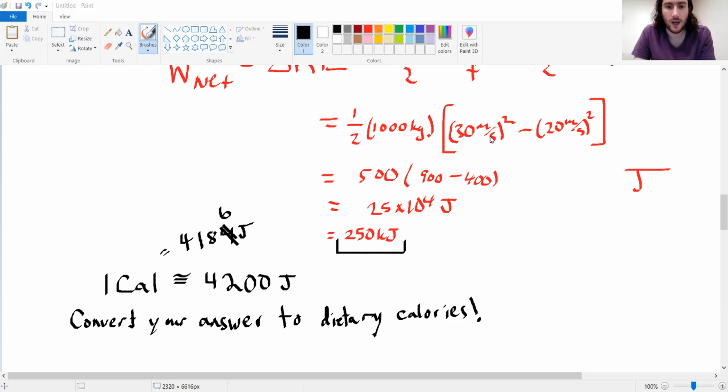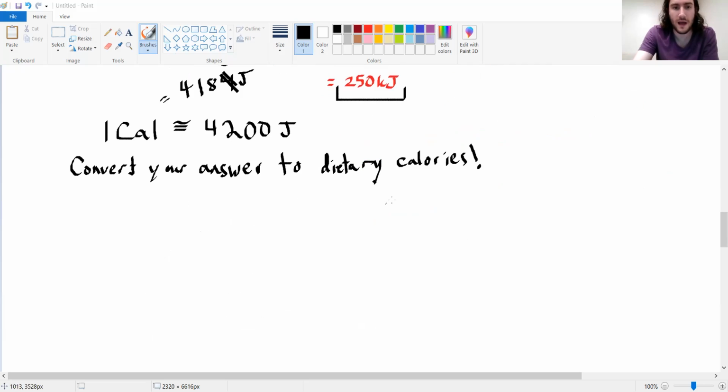So it requires much more than 250 kilojoules to accelerate that car in practice. But the net work done by the net force on the car would be 250 kilojoules. So hopefully that illuminates a little bit about how that works.